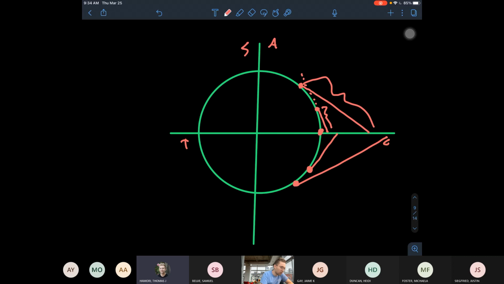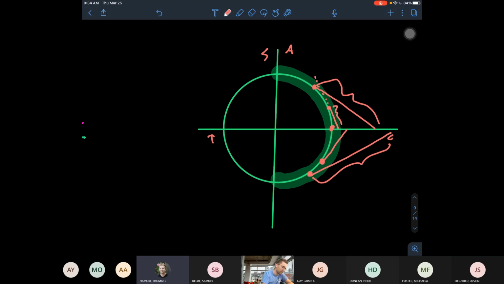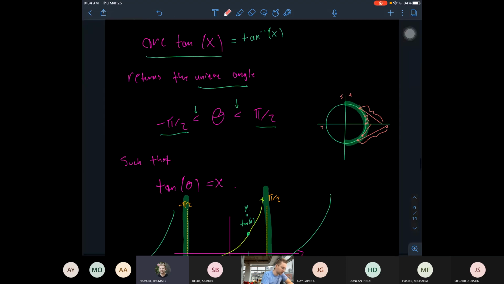So we're searching for a point on the right half of this unit circle, such that the length of the line segment tangent to the circle in that direction should be equal to our argument. That's another way of thinking about it.